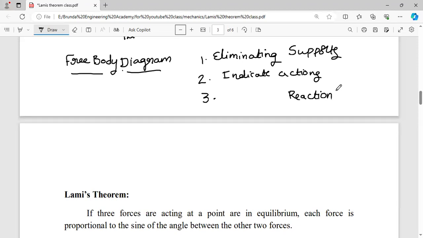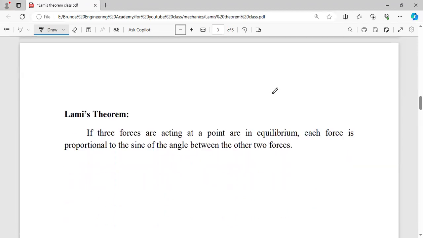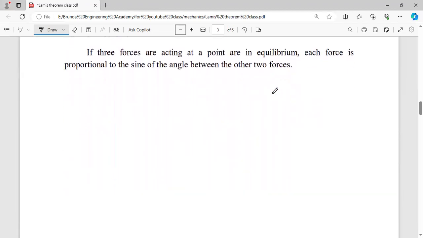That will be discussed while solving the problems. Actions means its self weight or any other forces acting on the body, whereas reactions means normal reactions at the contact surfaces. Okay, now coming to Lami's theorem.